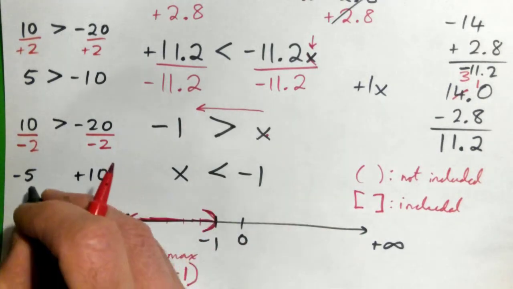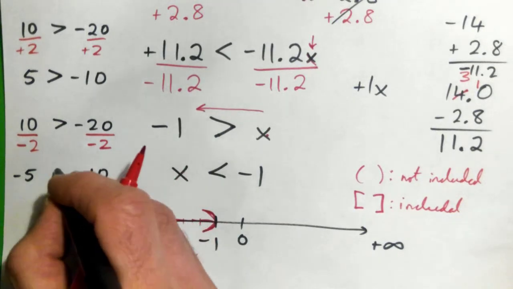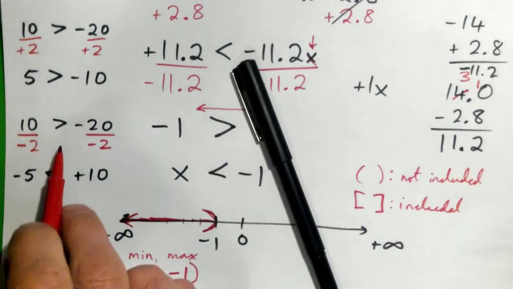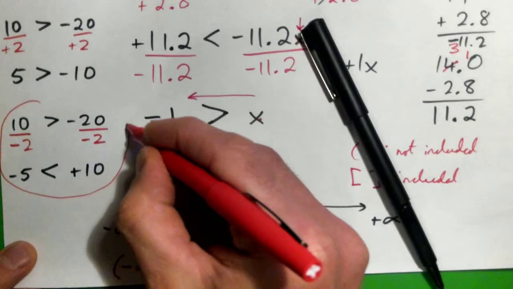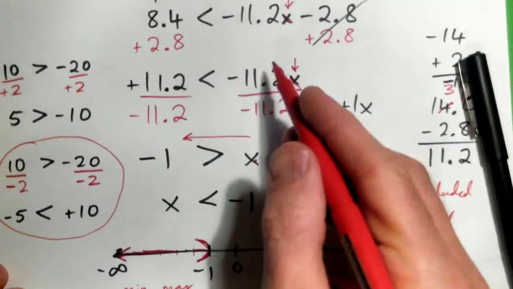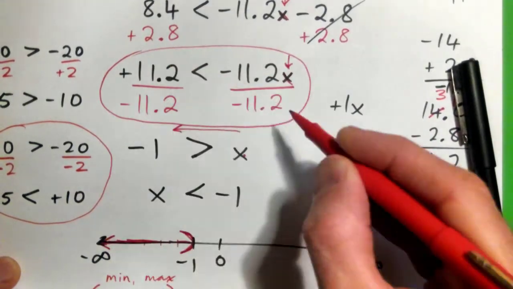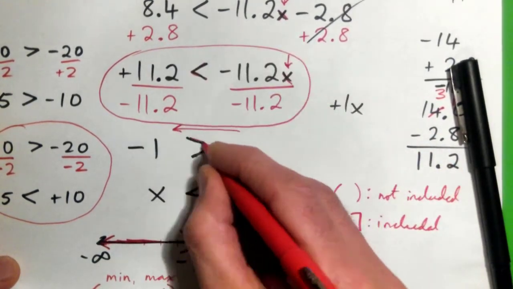Right. Negative 5 is less than 10, or 10 is greater than negative 5, right? So when I divide by a negative, that's when we flip the direction of the inequality. That's just a simple example. In this case, this is where we flip the direction of the inequality. We divided by a negative, right? So the inequality went from that direction to that direction.